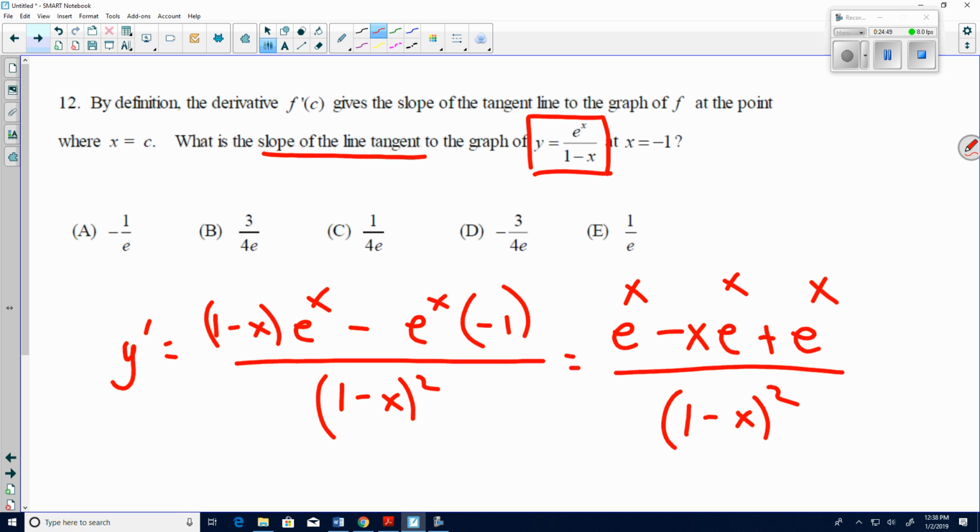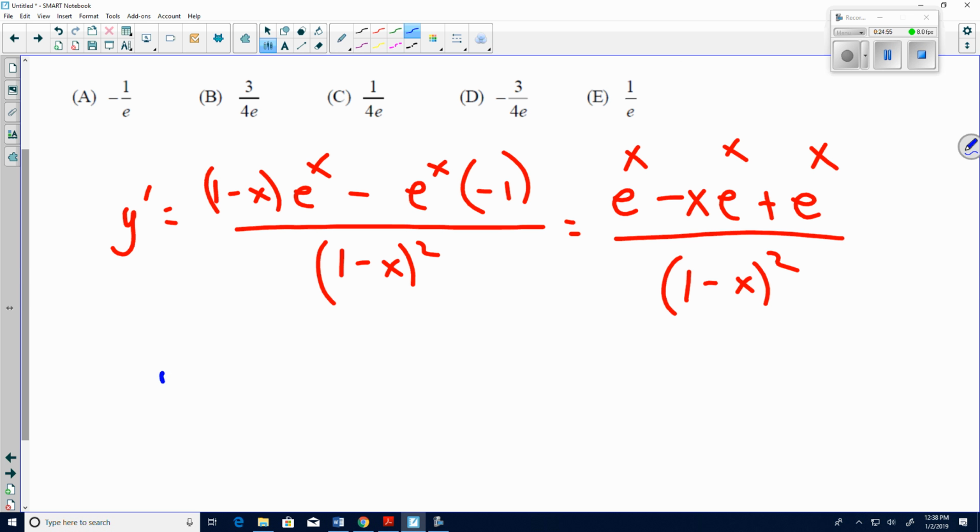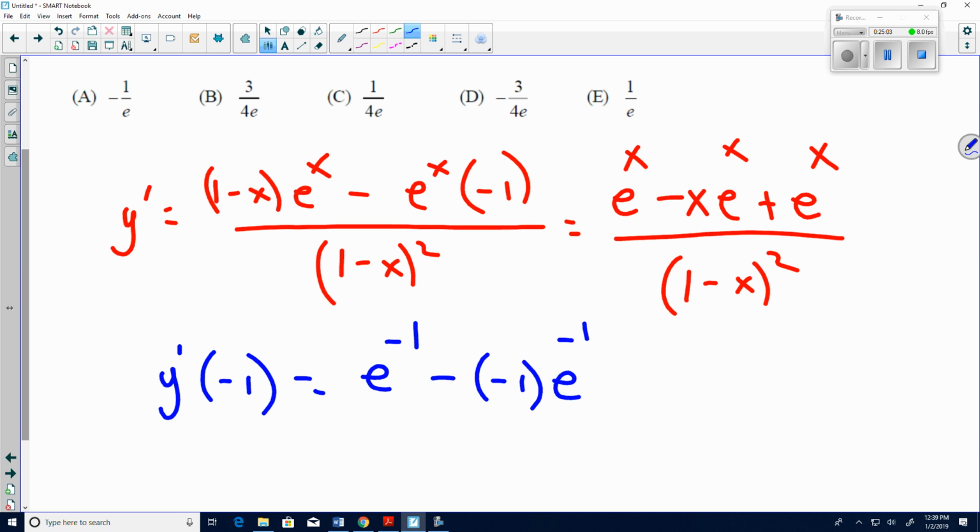We're supposed to evaluate this at x equal to -1. So y prime of -1 is e to the -1 minus -1 times e to the -1 plus e to the -1, all over -1 minus a -1 squared.